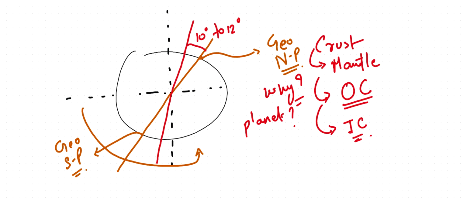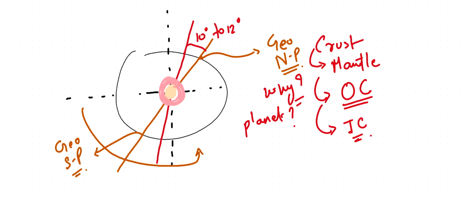Let me choose a different color to point it out. If this is the inner core of Earth, I'll mark it with a different color. Here it will be the outer core. This pink color represents the outer core.